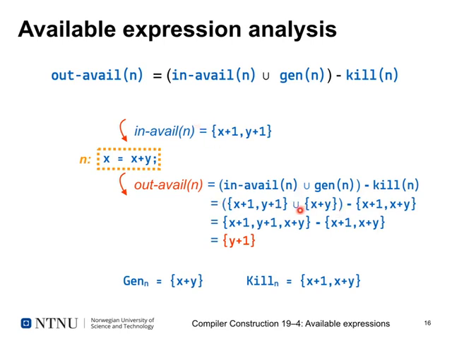We are joining x plus y. And then we immediately kill all the ones containing an x. So x plus 1, x plus y again. And of course, we're left with y plus 1. Okay, so it's not that difficult as you see, and it's rather straightforward to implement in a compiler, considering you have the right pieces of information provided in your intermediate representation of the instructions or basic blocks you're looking at.